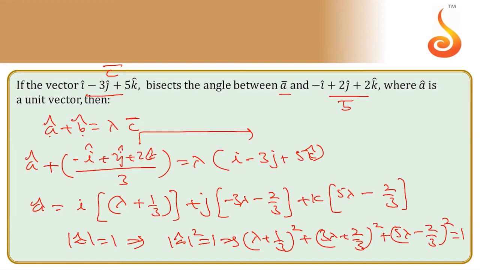I am just giving the lambda value directly; after simplification you will get it. Note it down, you can work out later. We will get lambda equals 2 by 35. LCM 3 only comes. You can work out yourself.